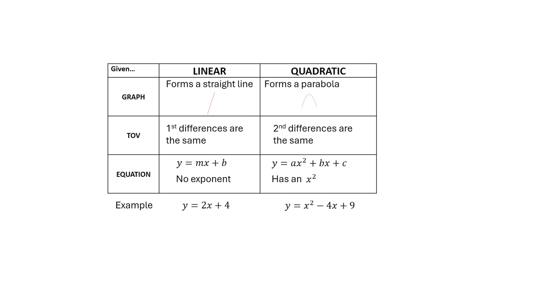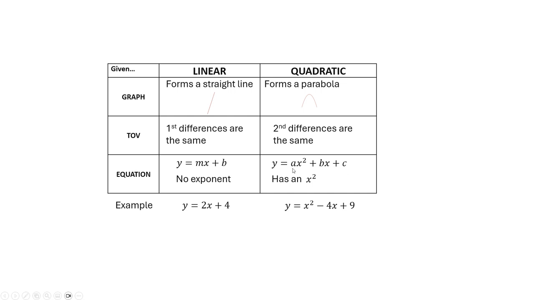Okay. The equation of a linear does not have any exponent, and it's based on our old friend y equals mx plus b, whereas the equation of a quadratic does have an exponent, has the x squared here, and it follows the equation y equals ax squared plus bx plus c.